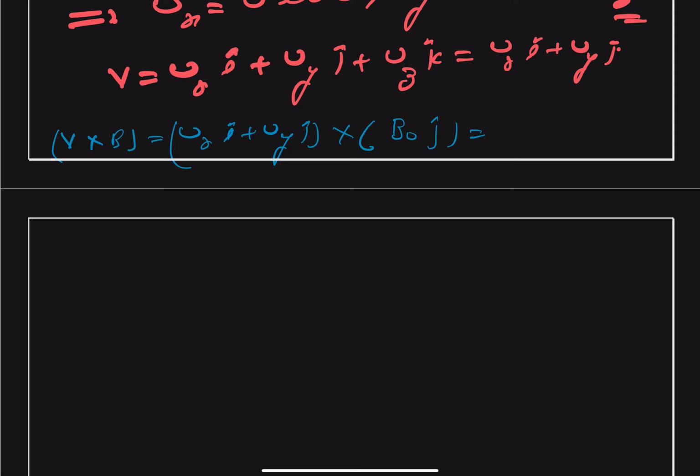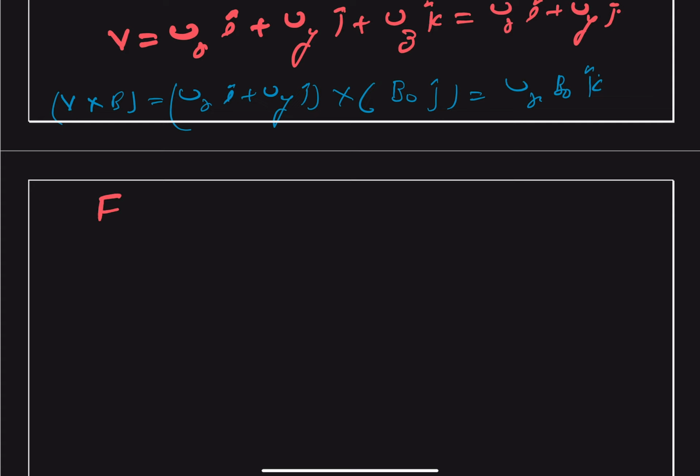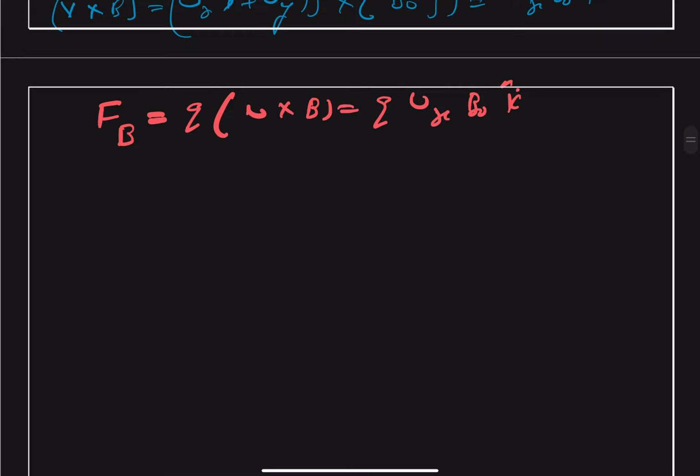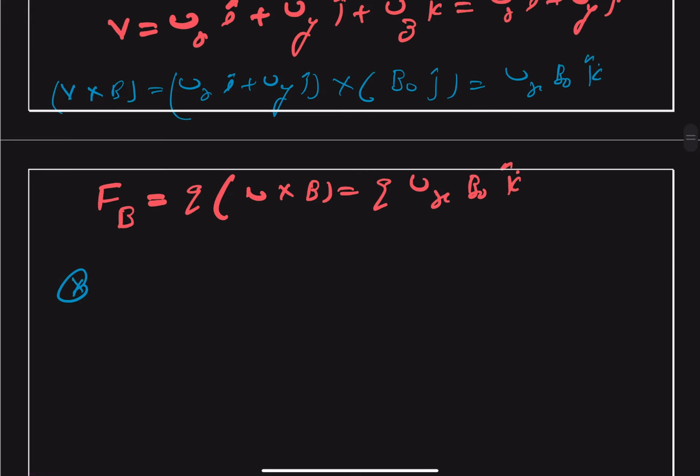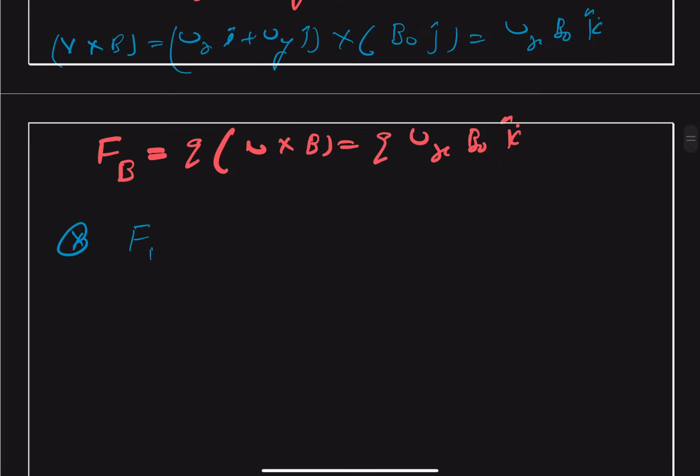So we can write that our magnetic force Fb, which is Q v cross B we just found out, will be Q Vx B naught k unit vector, and our electric force Fe will be equal to charge multiplied by E naught j unit vector.